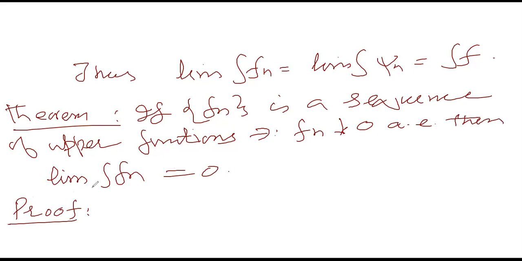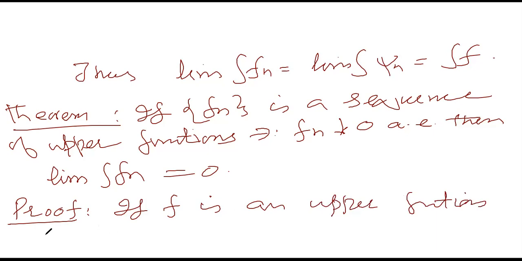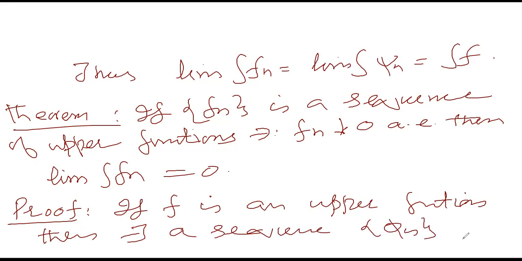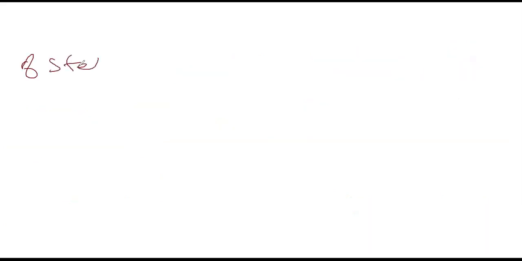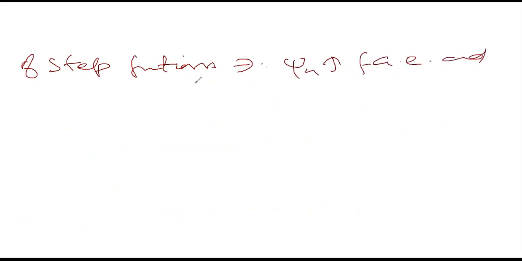Proof. So first I want to mention here that if f is an upper function, then there exists a sequence of step functions psi n such that psi n increases to f almost everywhere, and this I want to use on the sequence fn, because fn is also a sequence of upper functions.